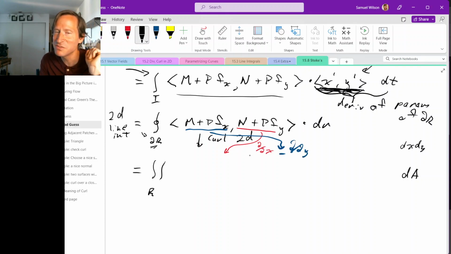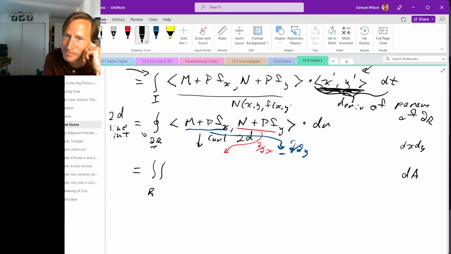Now when we do this, we have to be careful, because what is this n a function of? This n is n of x comma y comma f of x comma y.